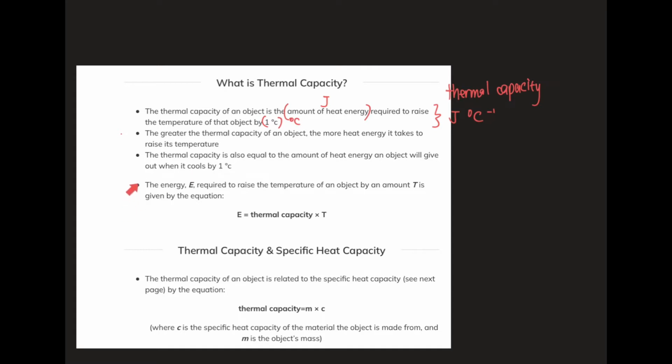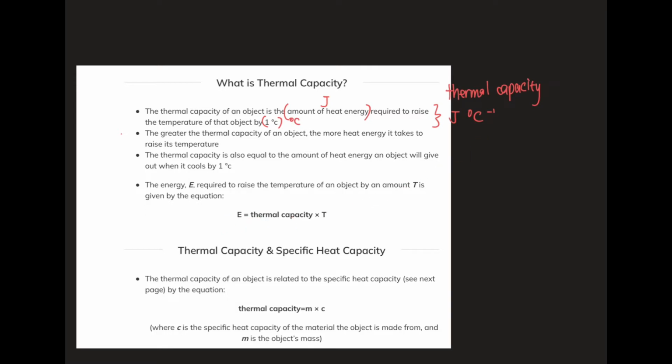Now the next point: the energy E required to raise the temperature of an object by an amount T is given by the equation. And now we have the formula: E equals thermal capacity times T. So this is the formula. And from this formula, the unit makes sense.